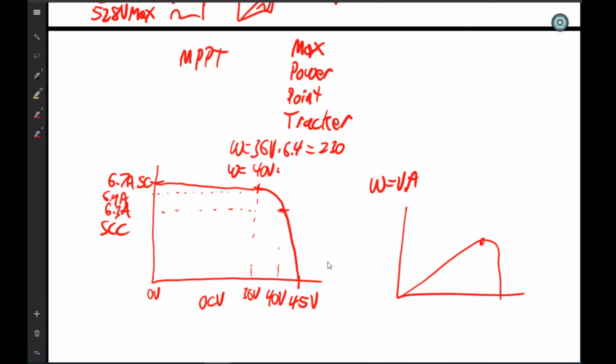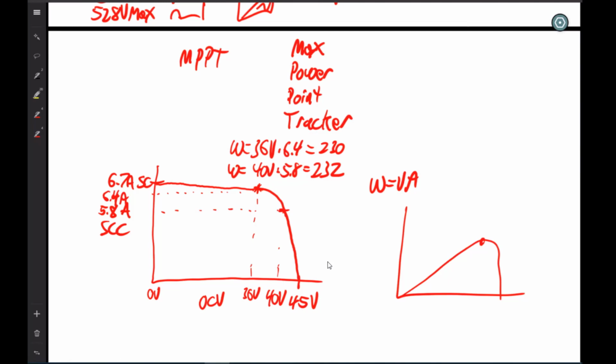Actually, it would be less than that, because this was 6.7, this was 6.4. Let's say this is 5.8 amps. So 40 volts times 5.8 is 232. So I didn't do a very good job. Usually the maximum power point is this one up here. But you get the point.